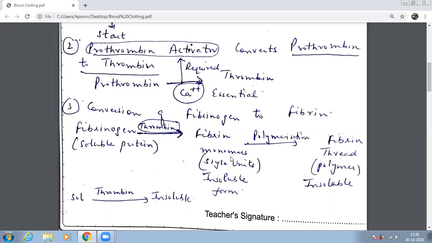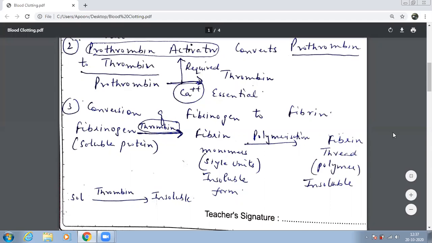But remember, in the first step, you will get monomers. Monomers, you know, na? Single units. Then polymerization of these single units of fibrin will take place, and you will get a long thread of fibrin, which is known as a polymer, fibrin polymer, or you simply call it a fibrin thread. Also keep in mind one more thing, beta, that this fibrinogen is soluble and this fibrin thread is insoluble.